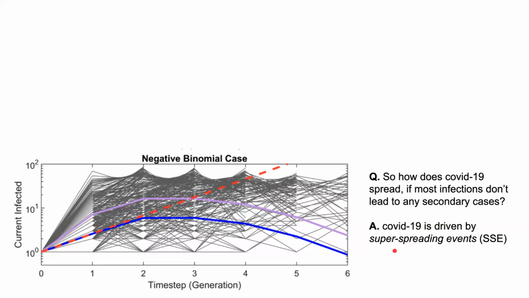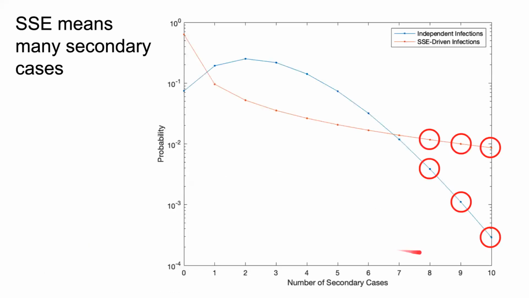Those are events that you've probably heard a lot about just in the news, but what a super spreading event is this kind of secondary case phenomenon where one initial infected person ends up infecting a very large number of additional persons. So in terms of where the super spreading events are on our plot, it's over here in the tail. It's over here where we're looking at larger and larger numbers of secondary cases.